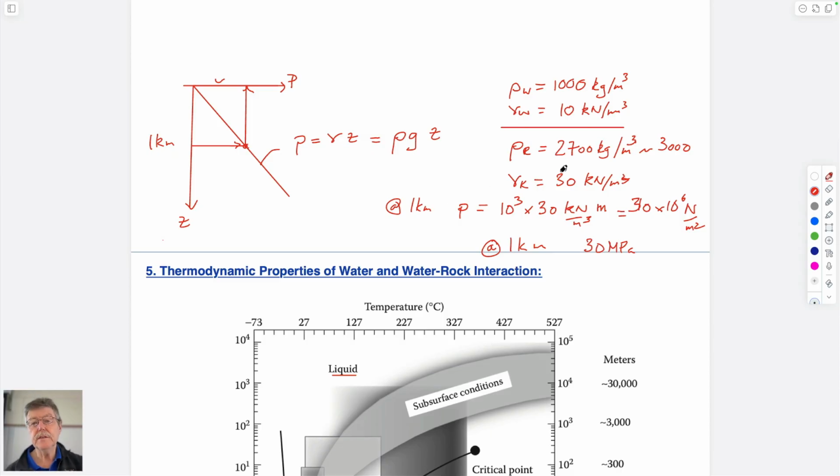At 1 kilometer depth, that's important because for water, since it's a third of the density, at 1 kilometer for water, that would be 10 MPa.